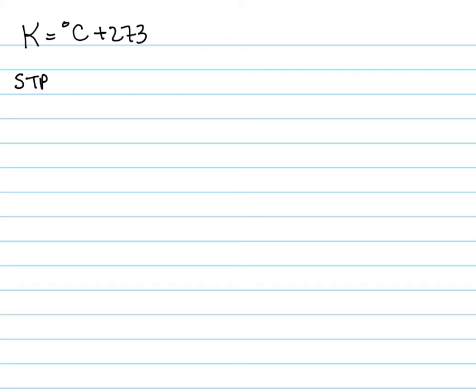So standard temperature and pressure. Standard temperature is 0 degrees Celsius, which would mean 273 Kelvin, and 1 ATM, which is 1 atmosphere. So that's standard temperature and standard pressure.